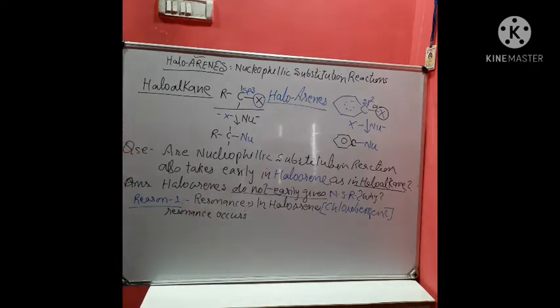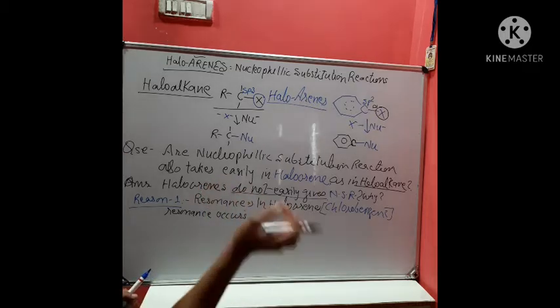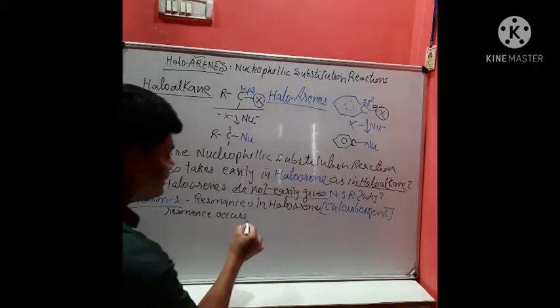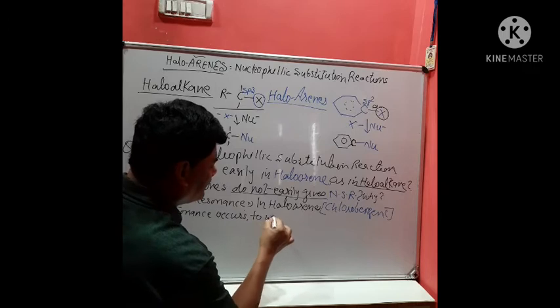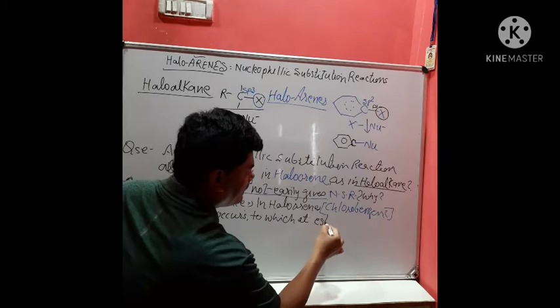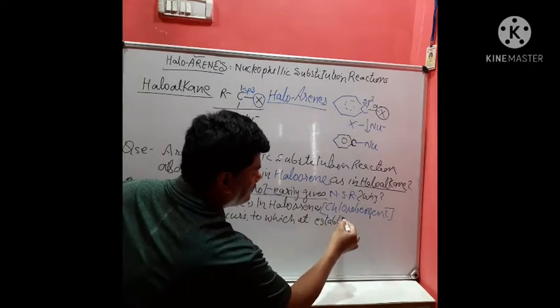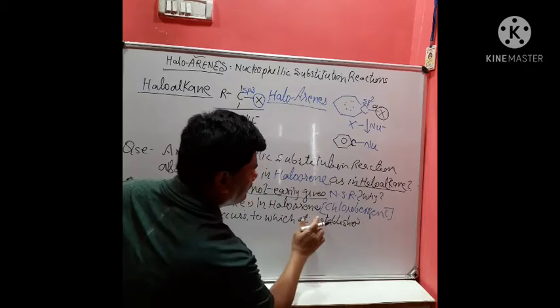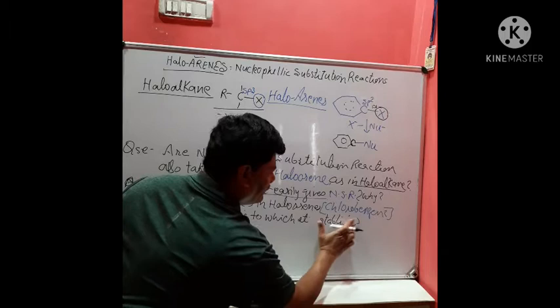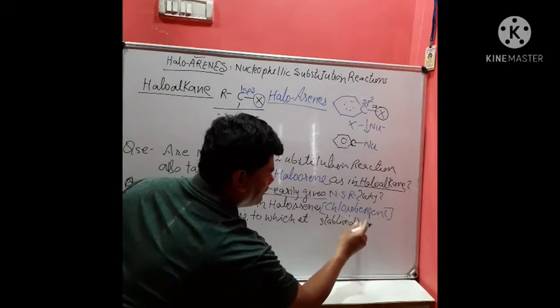Why does resonance occur? Because the compounds of benzene show instability. So to be stable, the resonance occurs, and through the resonance the haloarene stabilizes itself.